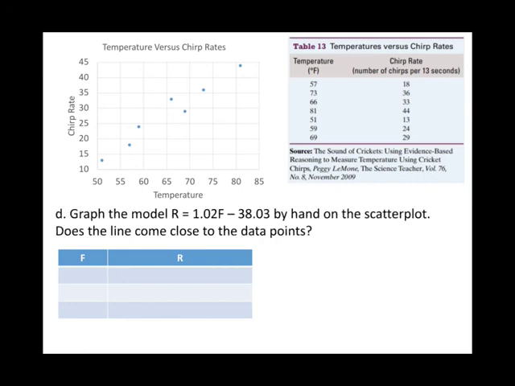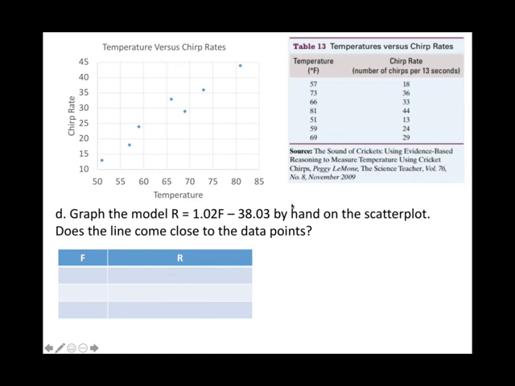Okay, D, graph the model. I have the model. This is a linear equation, right? Just like y equals mx plus b. So you know this is going to be a straight line. By hand, on the scatter plot, does the line come close to the data points? So I want you to graph the linear equation on the scatter plot here.